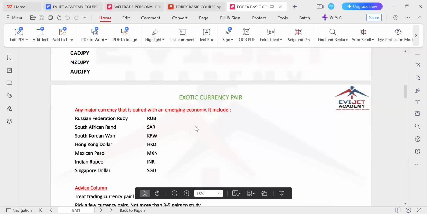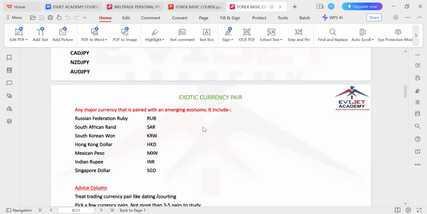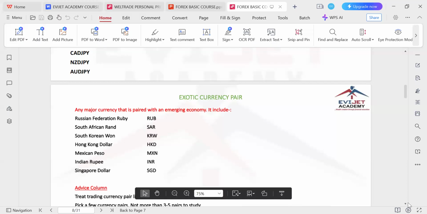All of these are emerging economies, and that's the same place Nigeria falls as well. So when you say USD NGN, it is an exotic pair; USD ZAR is an exotic pair; USD RUB is an exotic pair. So this is how to combine them, okay?